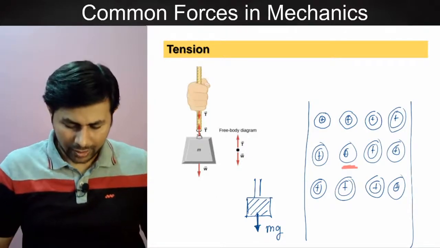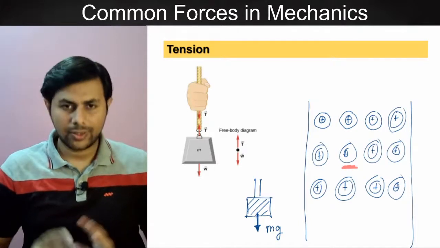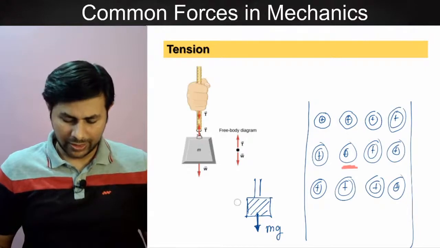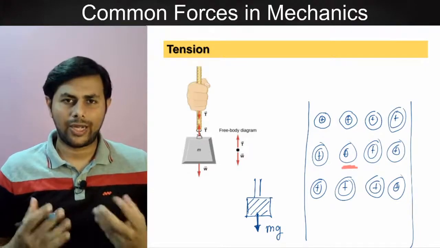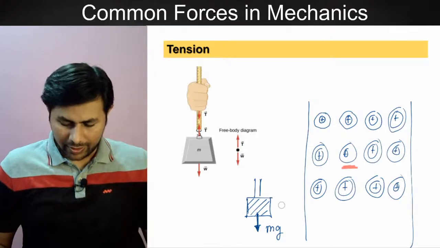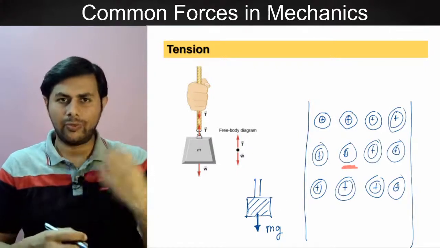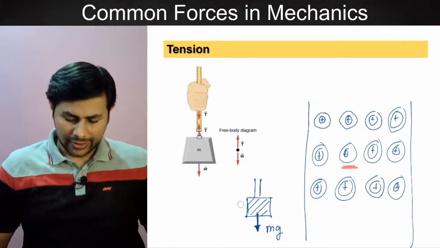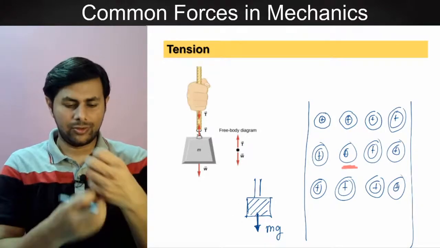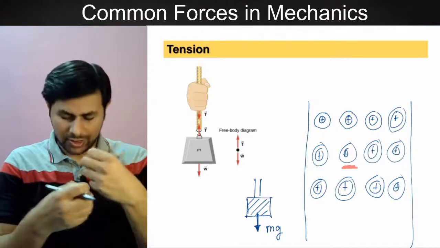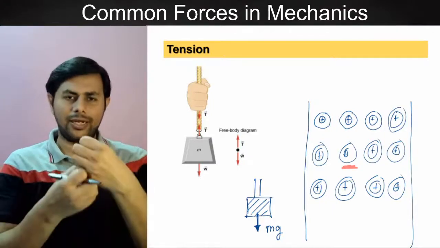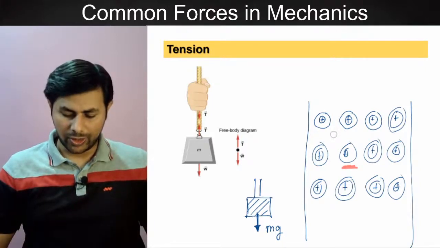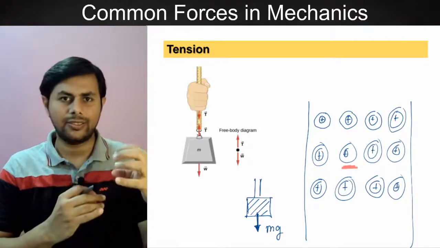Okay, good. So here we have this string, and we connect this mass. Now if we hang this mass somewhere, then there is gravitational force acting on this mass, due to which this string or rope or wire gets elongated a little bit, and the distance between molecules also increases.